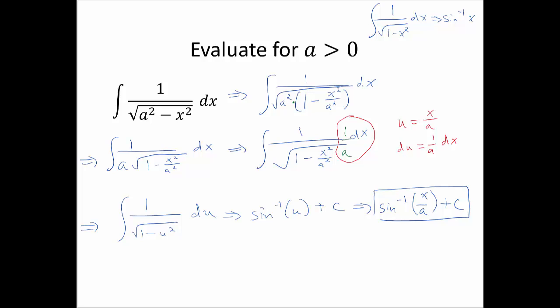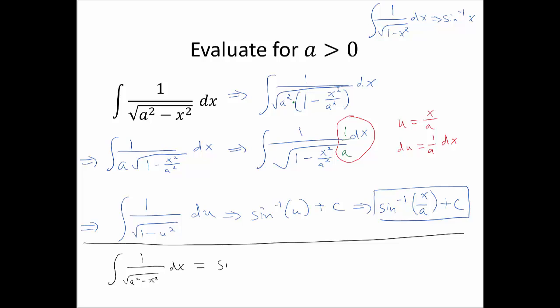It will work for any value of a greater than 0. This formula becomes important, one that we probably want to memorize: the integral of 1 over the square root of a squared minus x squared dx is equal to sine inverse of x over a plus a constant.